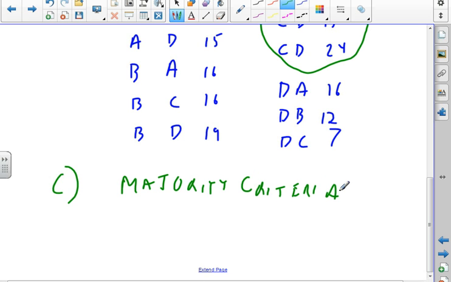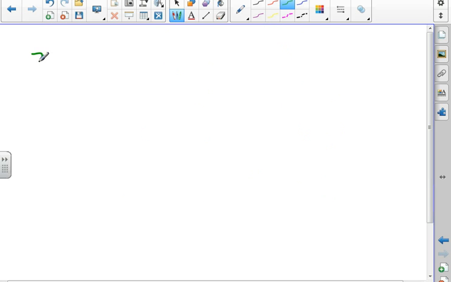Okay, that was 33, going to 35. Pairwise comparison. All right. Use the pairwise comparison to find the winner of the election.